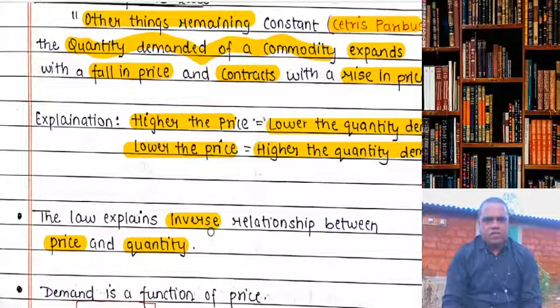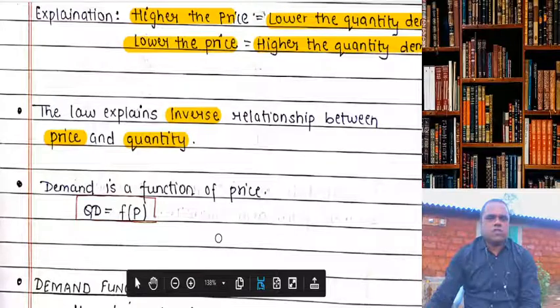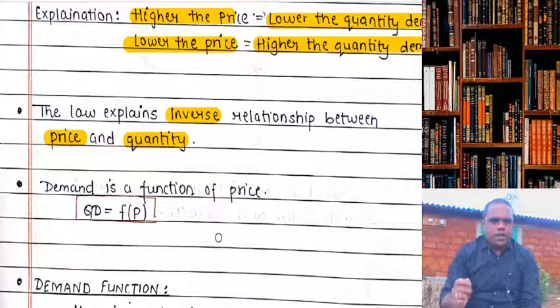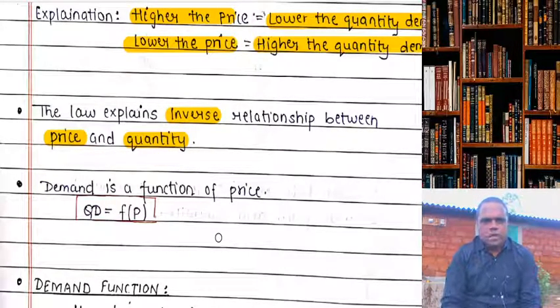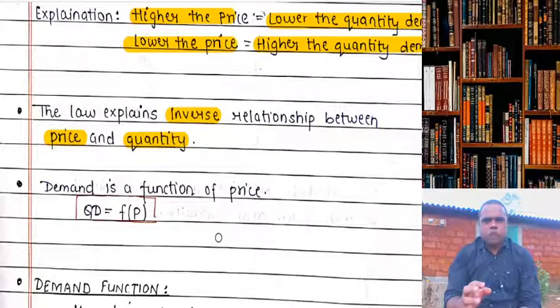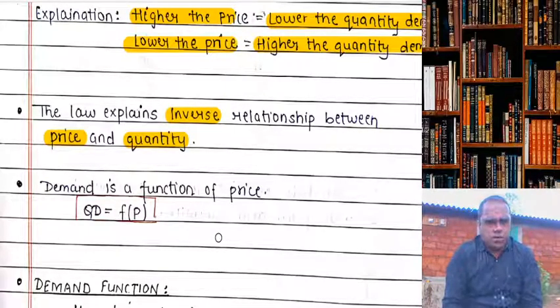In fact, there's an algebraic method for explaining this particular relationship, which is referred to as a demand function. Now, what is a demand function, children? They say that demand is a function of price. इसका मतलब क्या होता है? It means whenever there is going to be a change in the price of a particular commodity, automatically, children, it is going to affect the demand for that particular commodity.